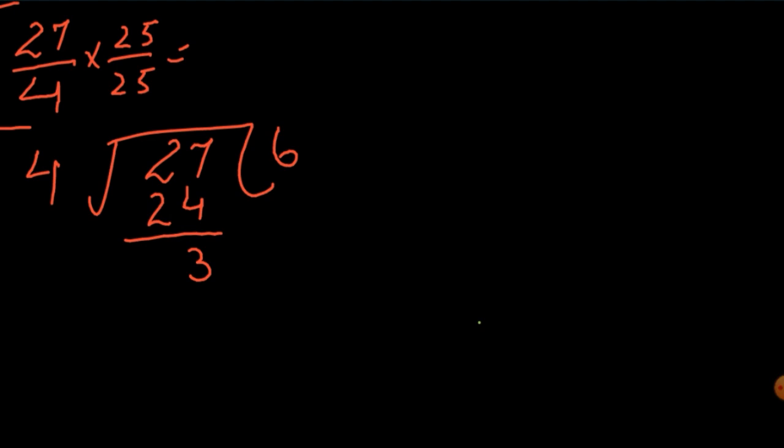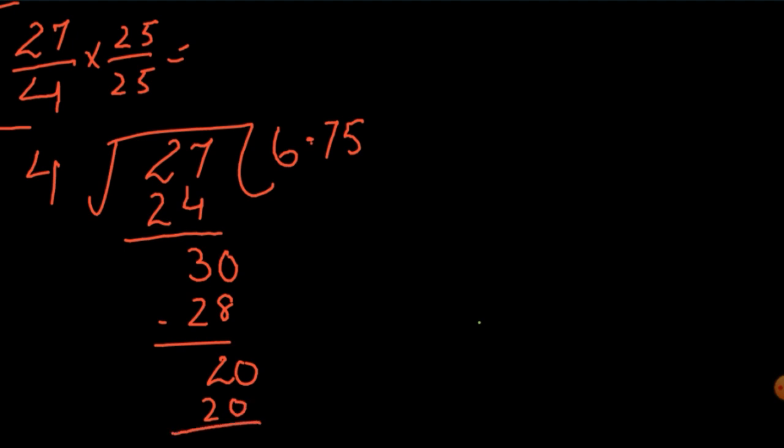Now 3 can't be divided by 4, so put a decimal here and take a 0. Once you put the decimal, you can take a 0 each time you need it. Now 4 sevens are 28. Subtract, 2 is left. Decimal is already there, we can take a 0 and 4 fives are 20. So we have converted this fraction into 6.75.